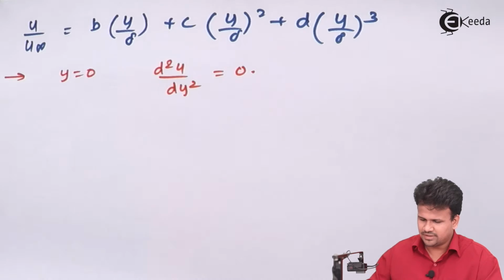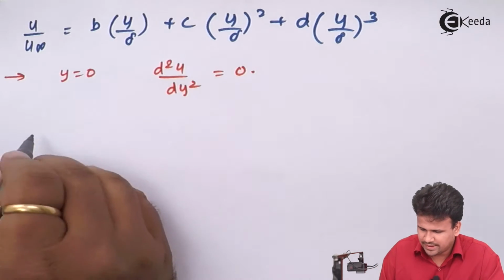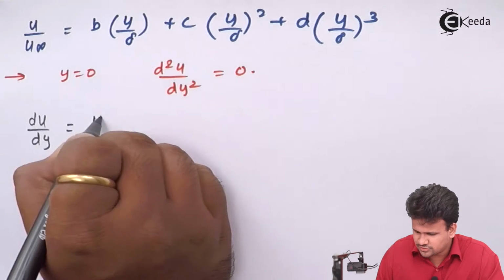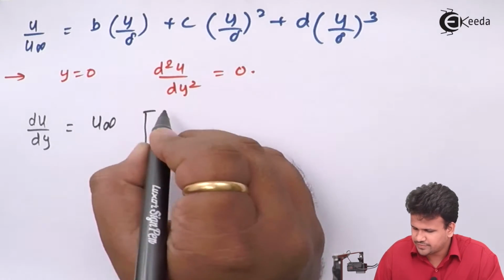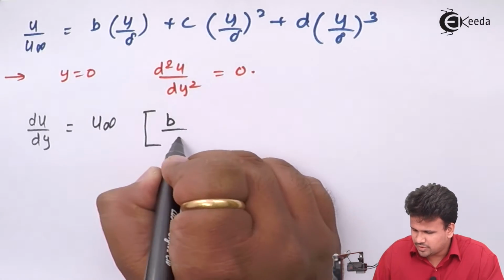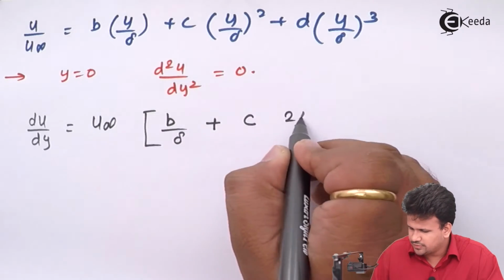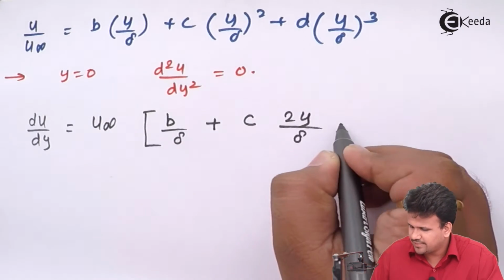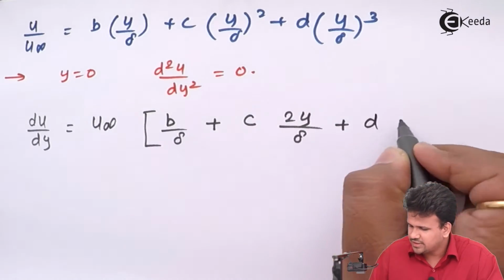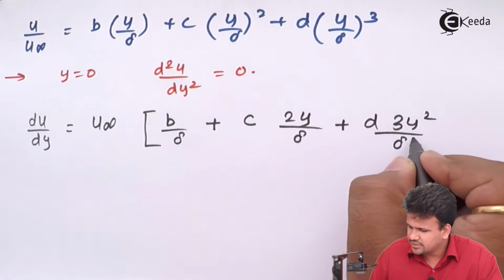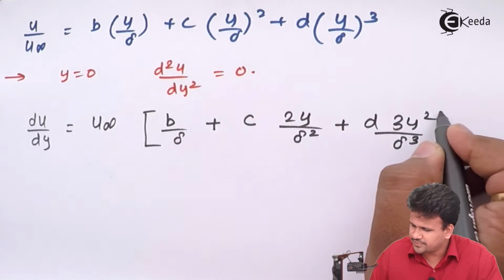First let us differentiate this once. So we get du by dy is equals to u infinity into b upon delta plus c into 2y by delta square plus d into 3y square by delta cube, and here it will be square.